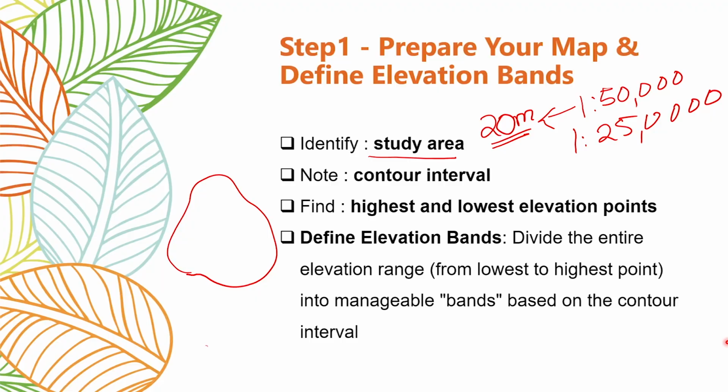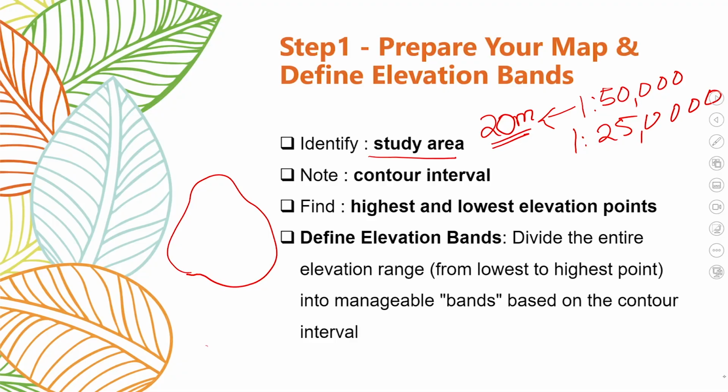If you carefully observe the bottom part of your topo sheet, you can see the scale as well as the contour intervals. Similarly, in the case of 1:250,000 scale, the contour intervals are usually set at 100 meters.